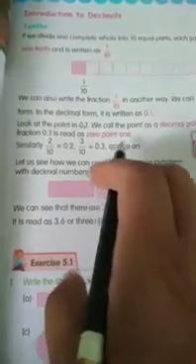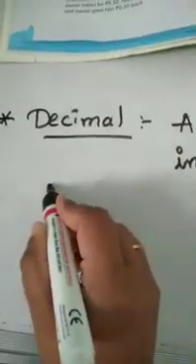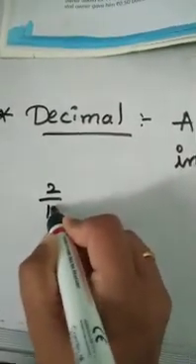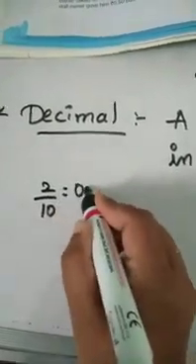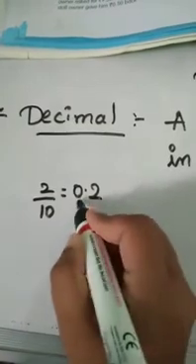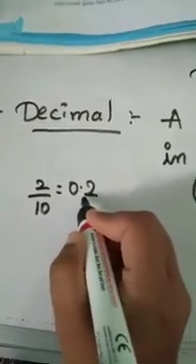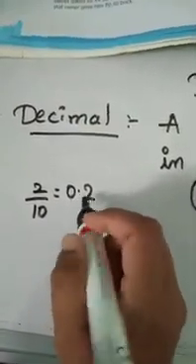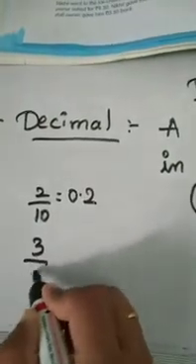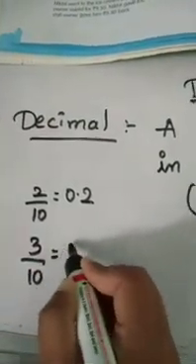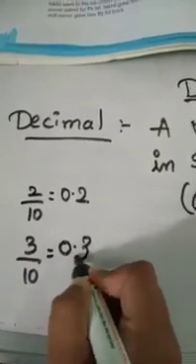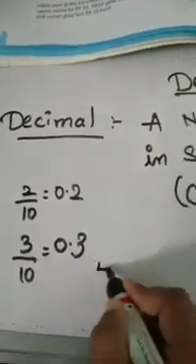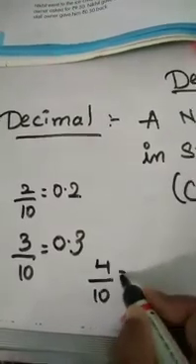Similarly, 4/10 in decimal form is written as 0.4.